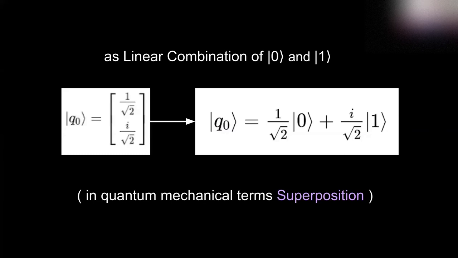And this is known as superposition. This means that the state of the qubit is some percentage of state 0 as well and some percentage of state 1 as well. And when we measure it, it will collapse into either 1 or 0. So with the help of the linear combination of 0 and 1, we can essentially create any qubit state that we want.